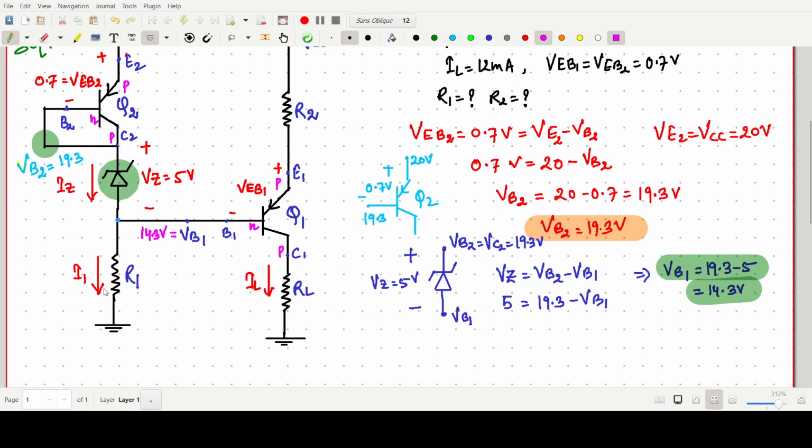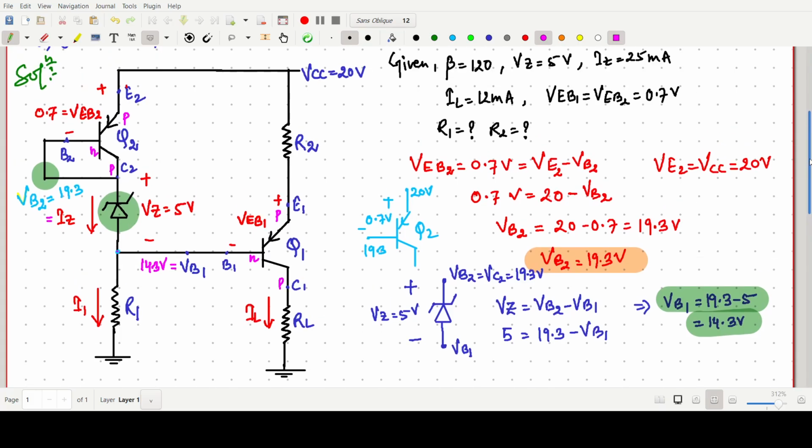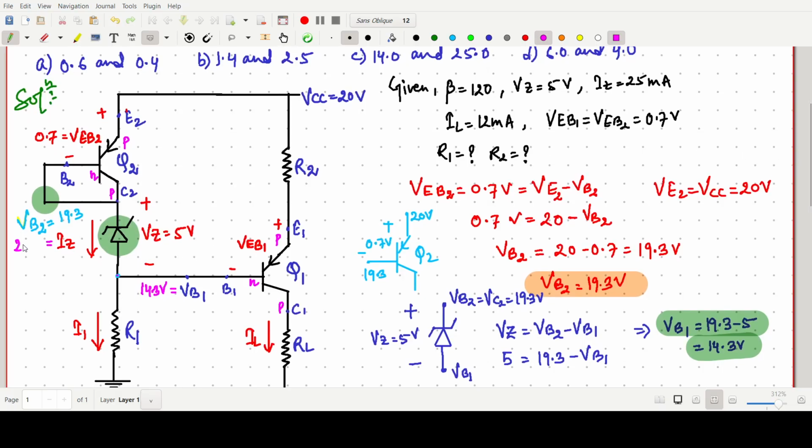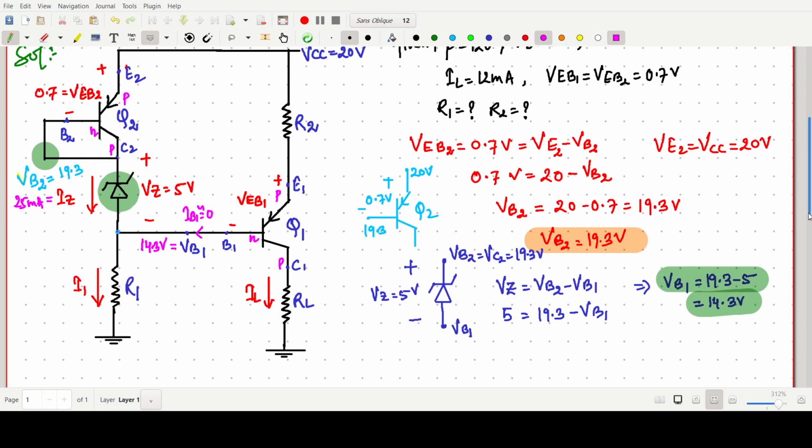Now, I1 and the corresponding IZ. IZ is also given: IZ is 25 milliampere. So we can assume that the current IB1 in the circuit is nearly zero. So all the Zener diode current will go through this resistance R1.